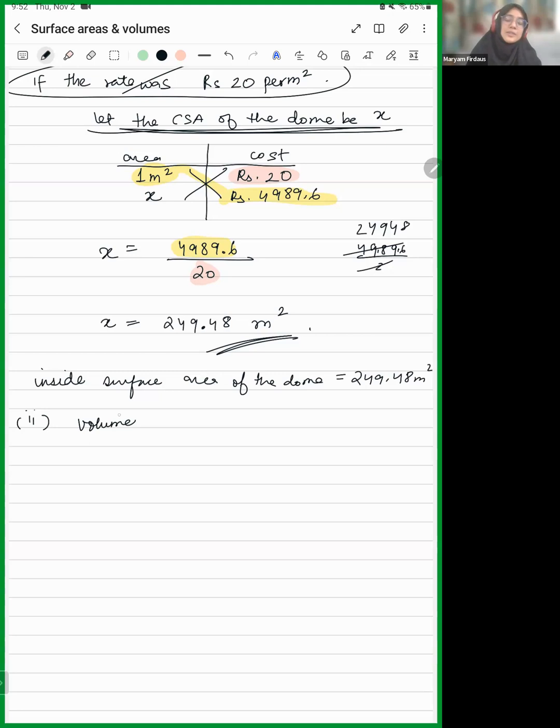In fact, the last question that we did in the previous class was this only, that the surface area we knew and we had to find the volume.